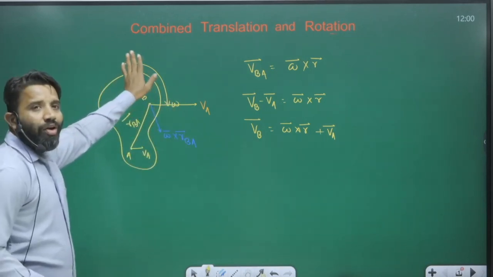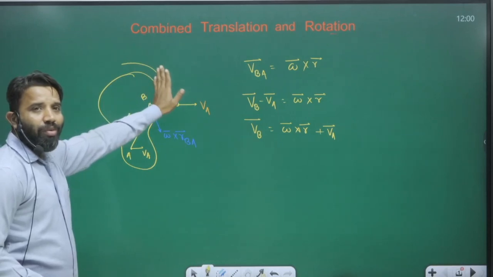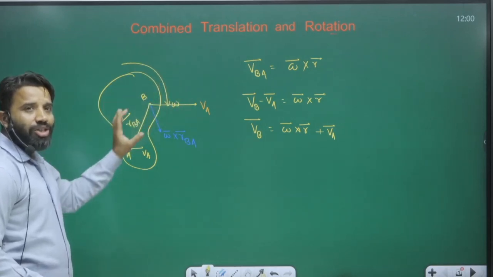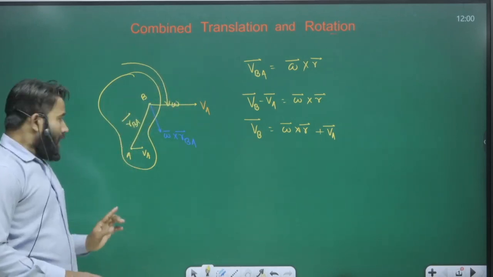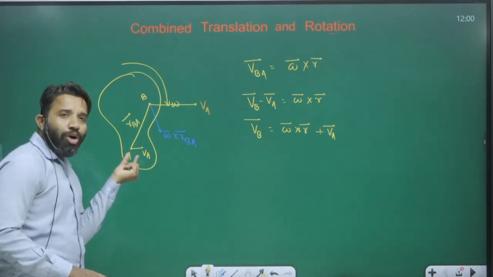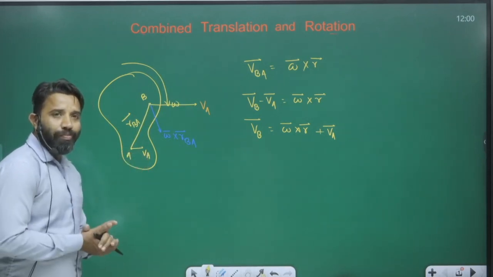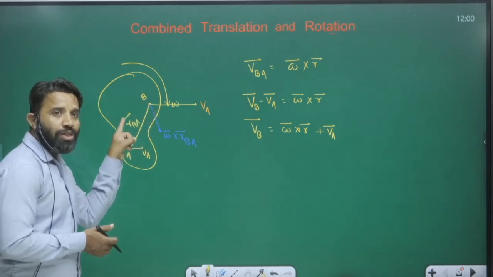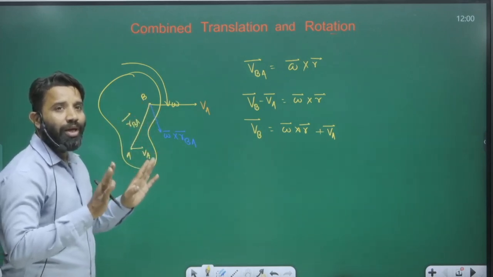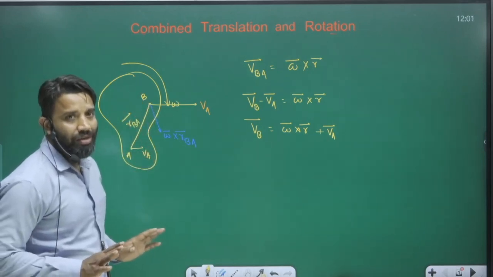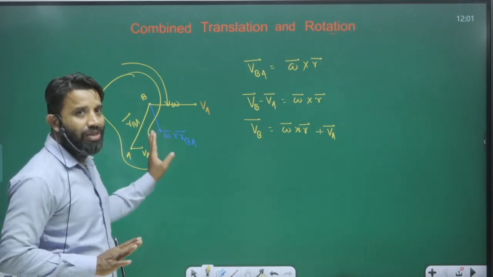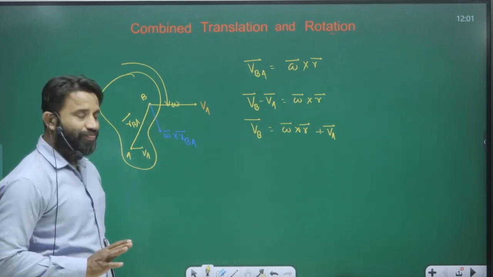First of all, we are not considering the rotational motion, we are just talking about the translation. If any point on this body has velocity VA, then all the points on this body must have velocity VA in the same direction. Is it right? As the body is rigid and it is performing translation.